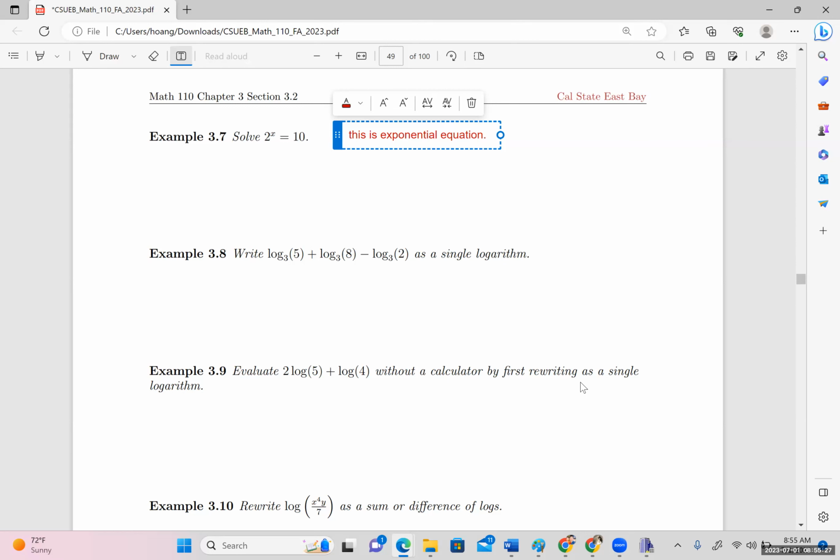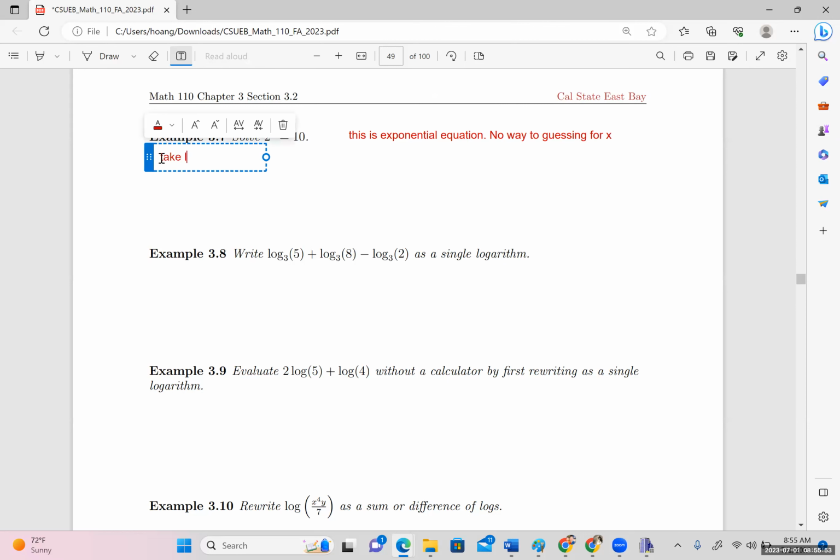So what I'm going to do is, in this case there's no way if you try guessing like that. We need to take log base 10 on both sides.